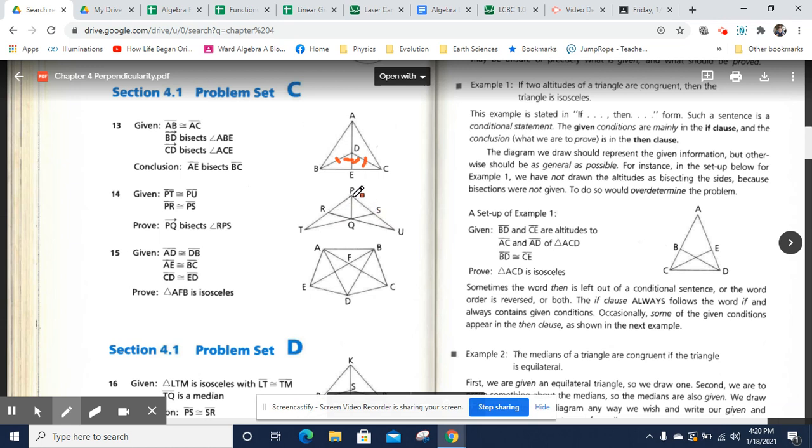So we know this is congruent and this is congruent. We know that this is congruent and this is congruent. So let's label that stuff. So we know that PT and PU are congruent. And we know that PR and PS are congruent.